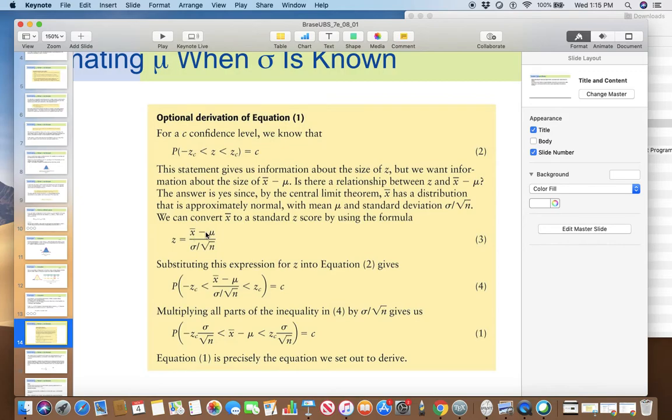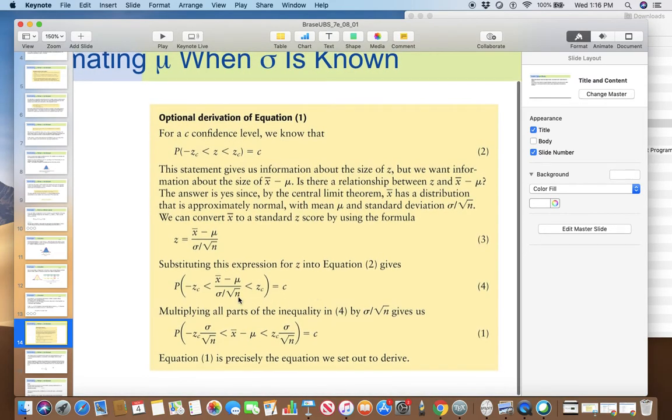Z is x bar minus mu over sigma over radical n. That is the standard deviation of the x bar distribution. Okay, so Z is between these two numbers. So this fraction is between those two numbers. Probability of that happening is C.